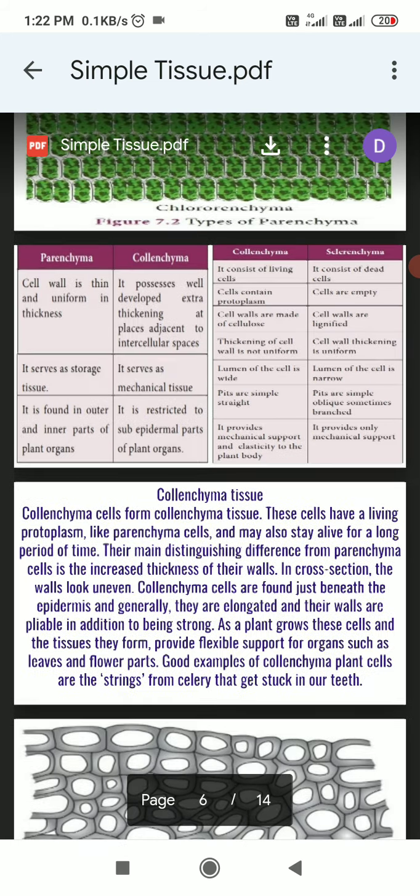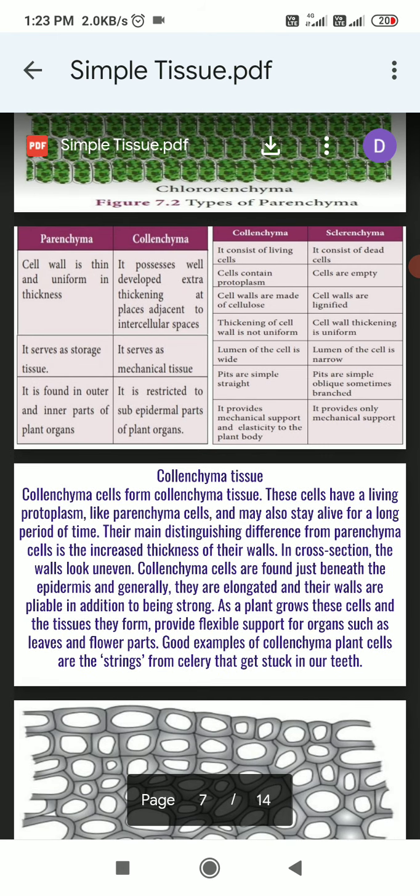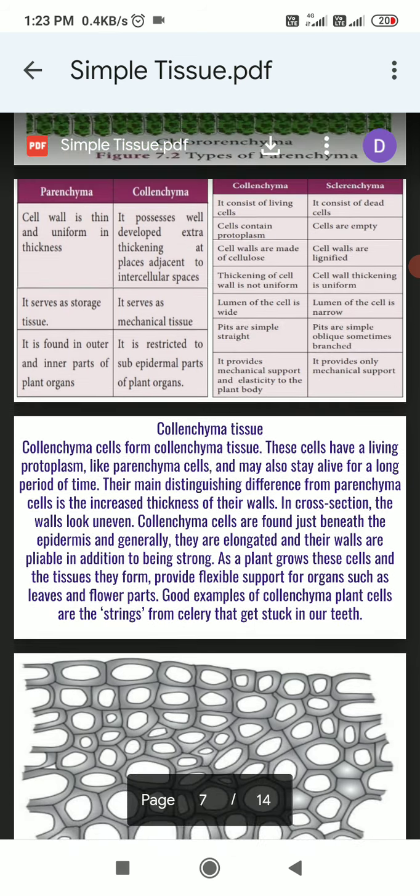Cell walls are made of cellulose in collenchyma, but in sclerenchyma, cell walls are lignified. Collenchyma thickening of the cell wall is not uniform, but in sclerenchyma, cell wall thickening is uniform. Collenchyma has a wide lumen, but in sclerenchyma, the lumen is narrow.